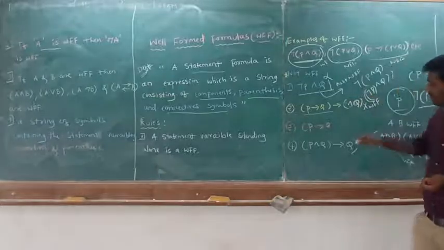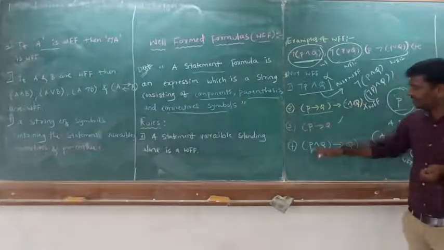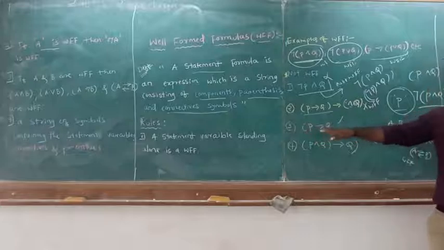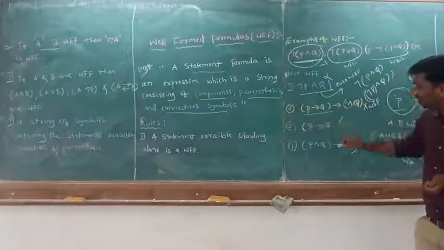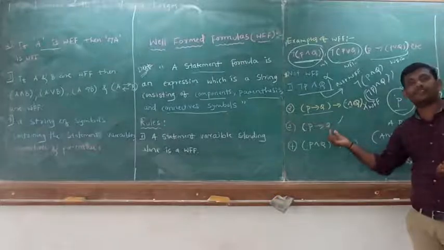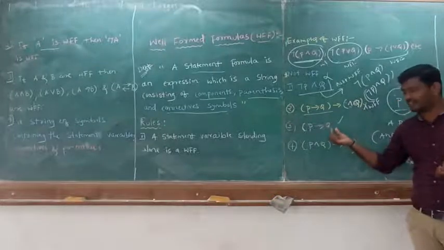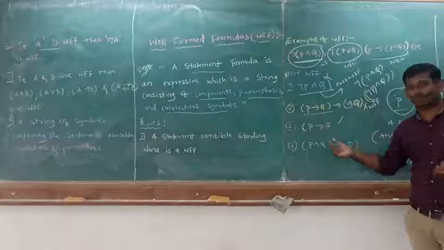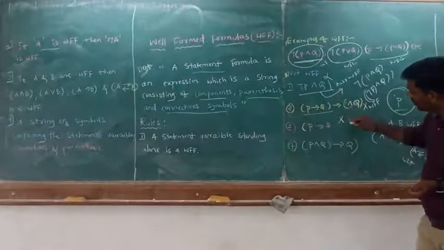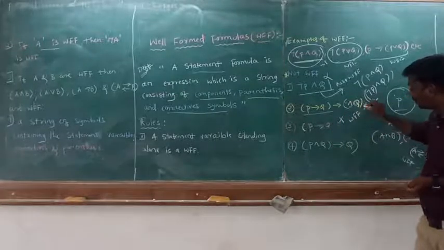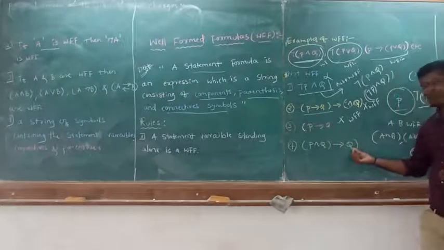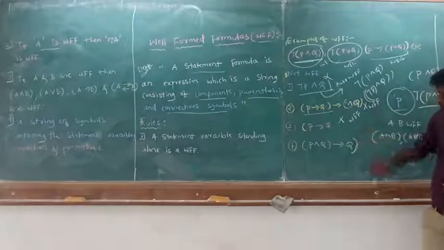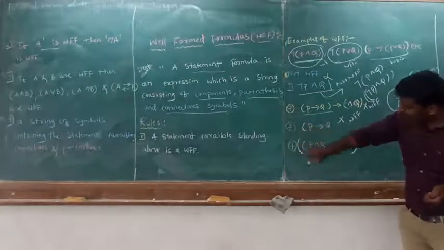The third example is not well formed because there is a bracket P conditional Q, but we did not close the brackets. Fourth, P conjunction Q conditional Q with a bracket, where the left, opening bracket is missing.